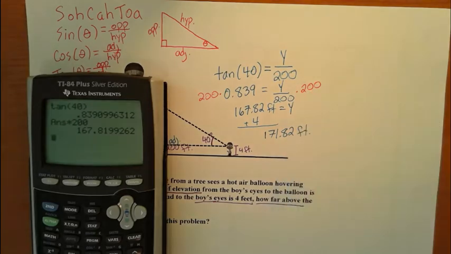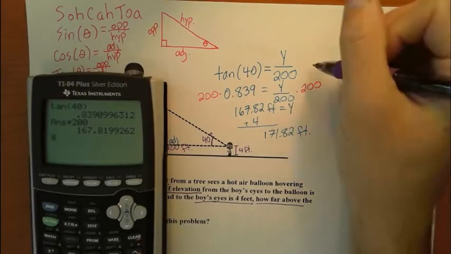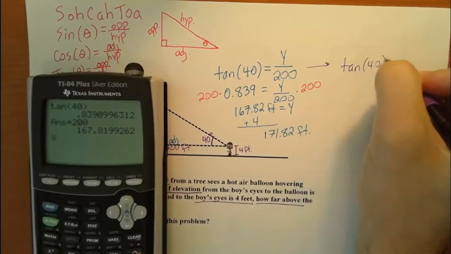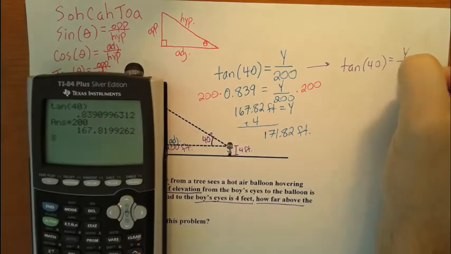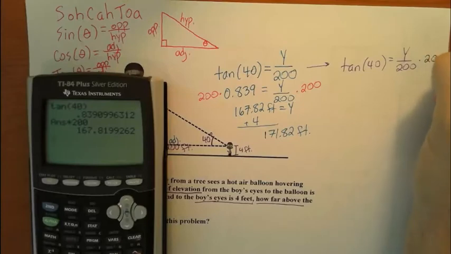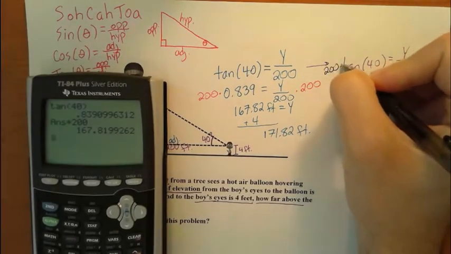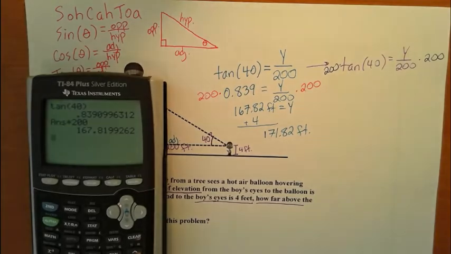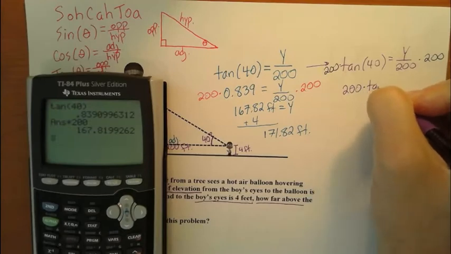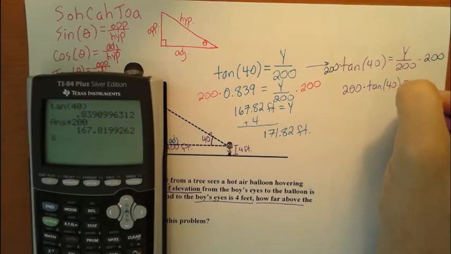Now, what we can also do, and what I prefer, is not make that tangent of 40 into a decimal. We want to keep it as tangent of 40 so that we can have a very exact answer. So I would take this same first step. I would still have it as tangent of 40 equals y over 200. And what I would do from here is just multiply by 200 right away. So times 200, times 200. And that means that I have in this problem basically 200 times the tangent of 40 is equal to y.